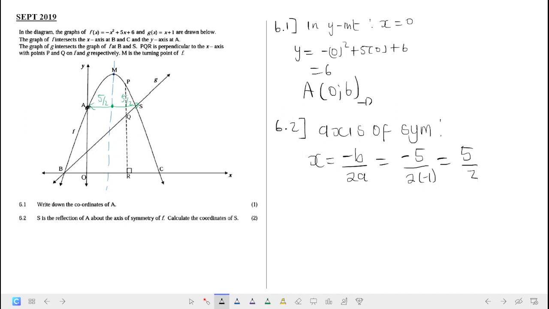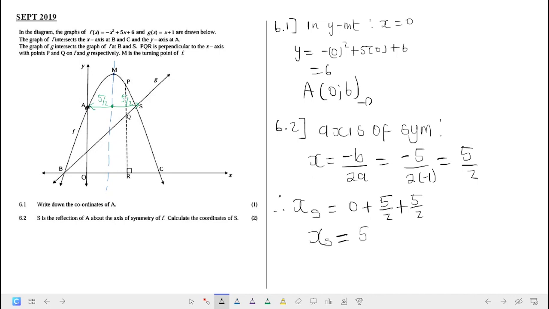So the x coordinate of S is going to be 0, where we started from A, plus 5 over 2 to get to the axis of symmetry, plus another 5 over 2. Pressing this on your calculator should give you 5. Now, what about the y value?